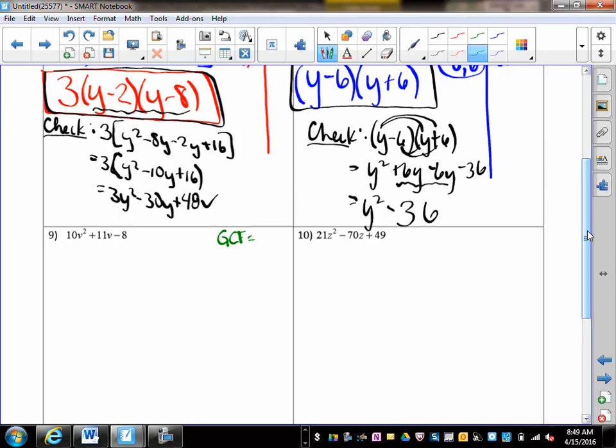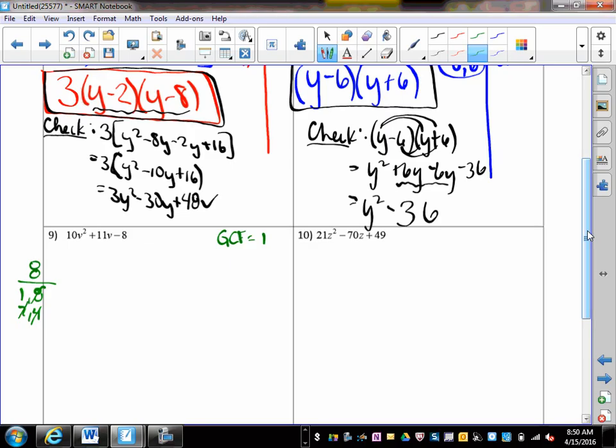No. So if we look at our factors of 8, we have 1 and 8, 2 and 4. Does 8 work? No. Does 4 go into 10 and 11? No. Does 2 go into 10? Yes. Does it go into 11 though? No. So what's my GCF? 1. So there's nothing we can factor out. Shortcut.